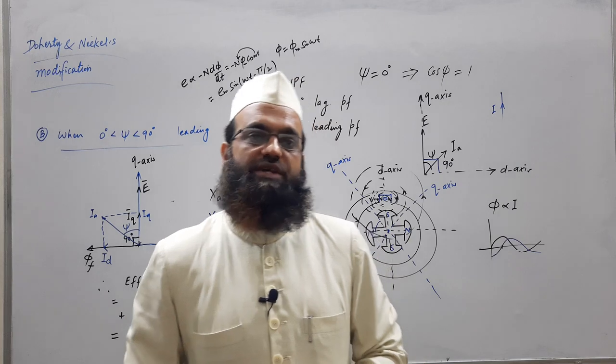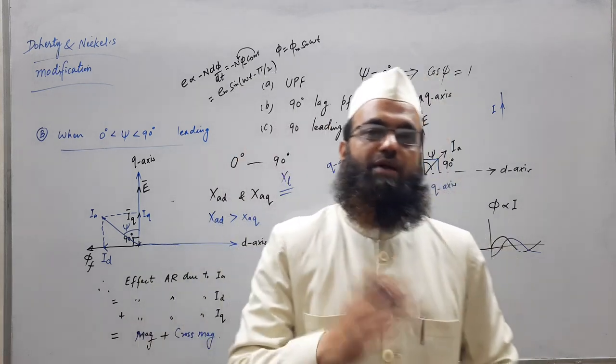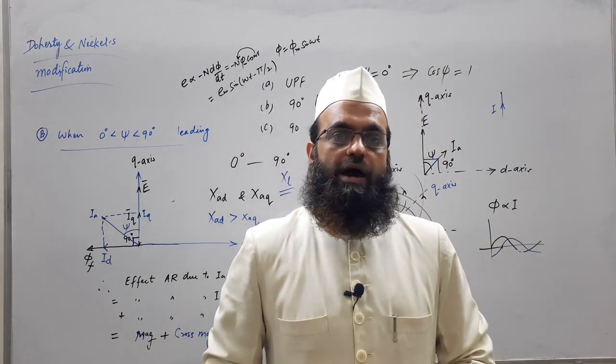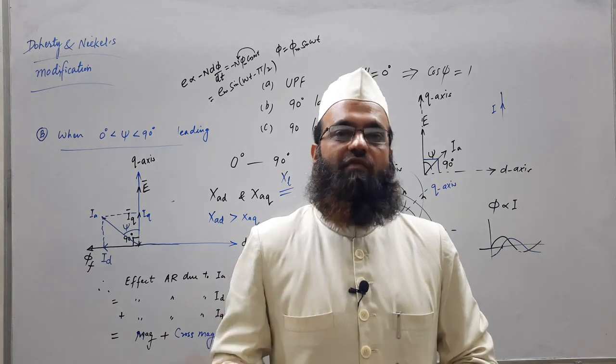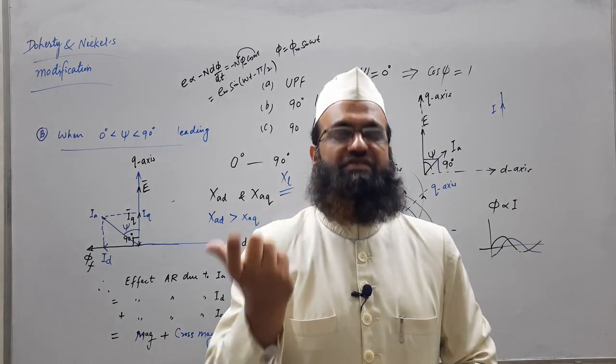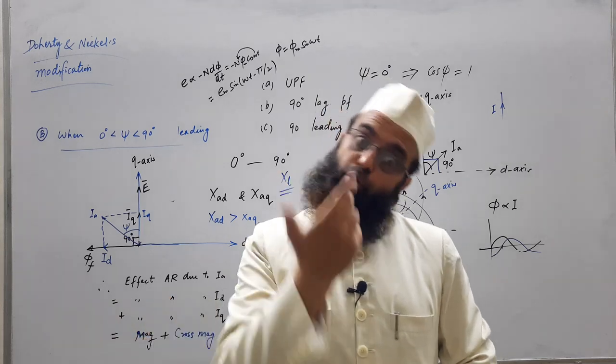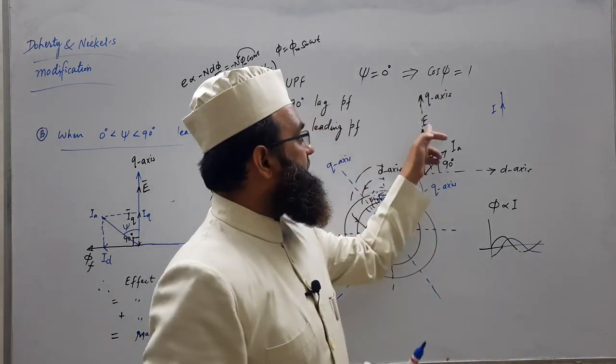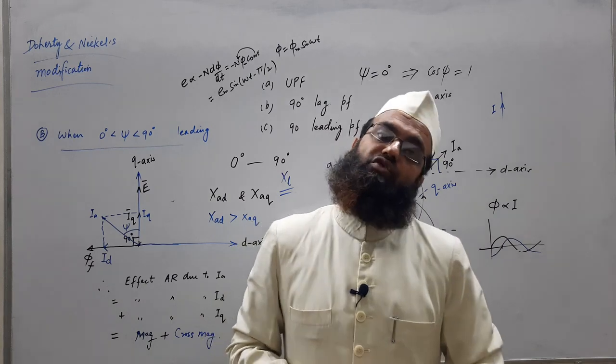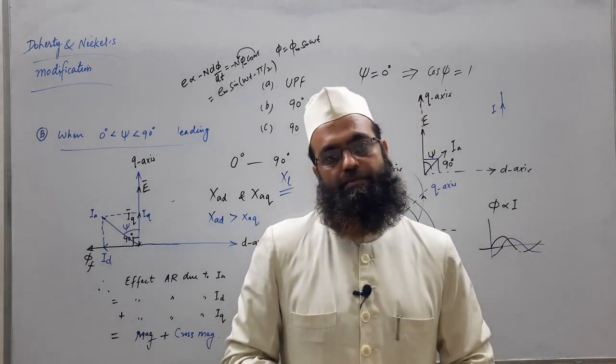We know that armature reaction is the reaction of armature flux on main field flux, and because of that the main field flux is disturbed, changed, either decreased or increased. So the corresponding EMF induced in the stator armature winding will be increased or decreased.